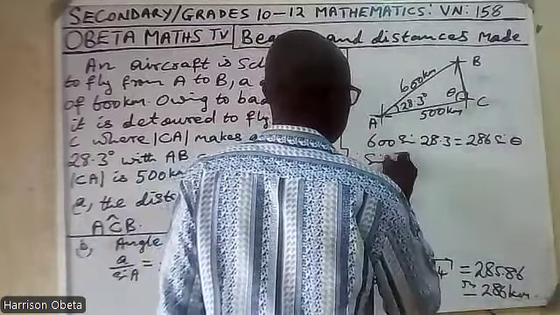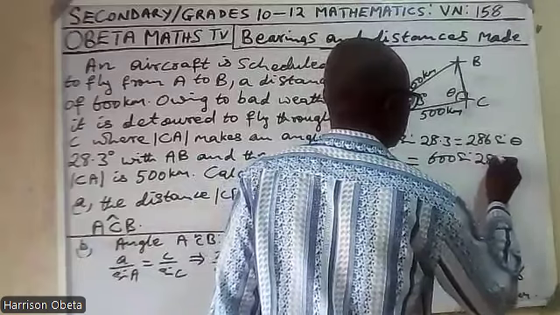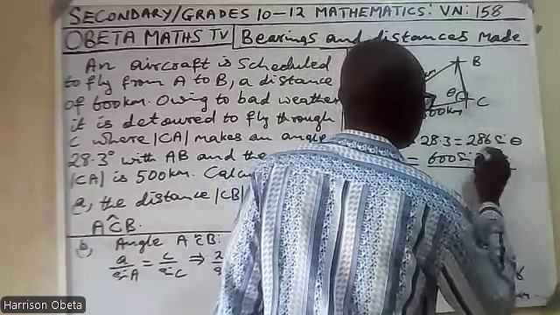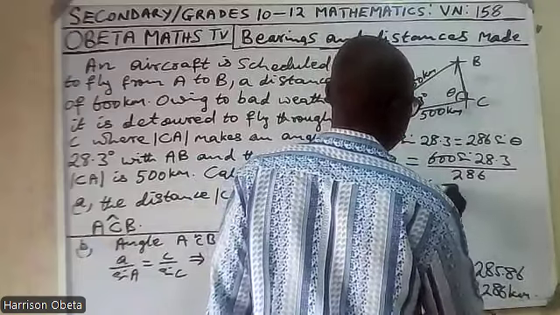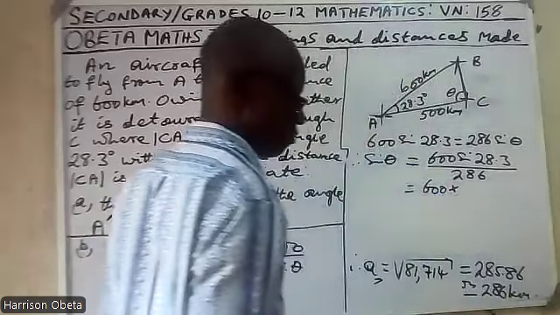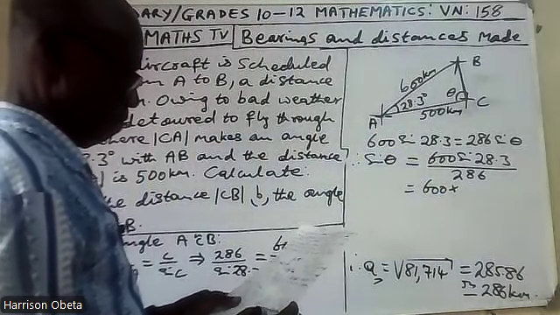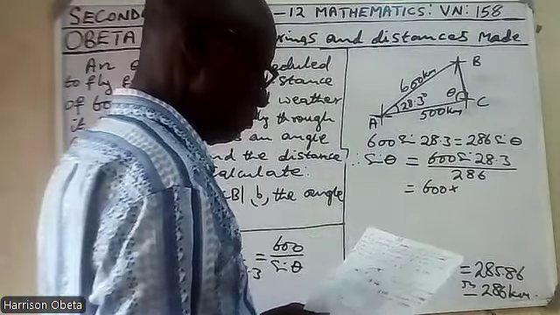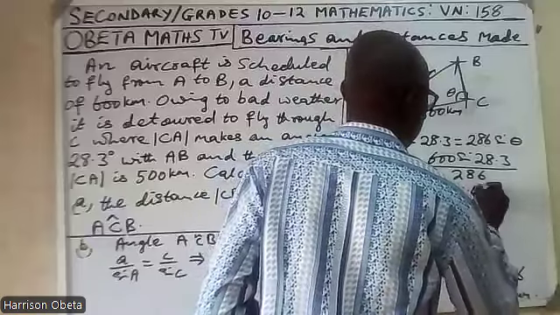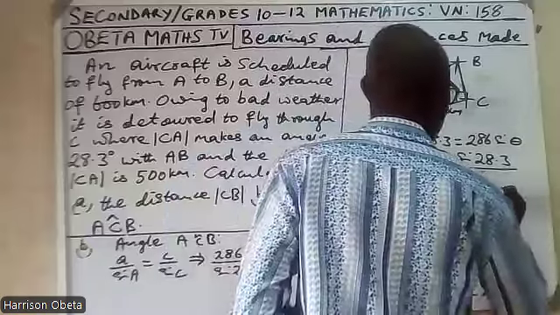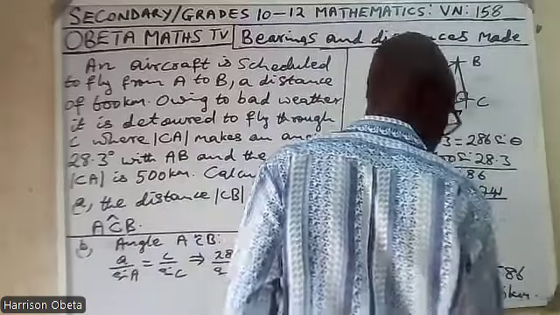Therefore, sine theta equal to 600 sine 28.3 all over 286. That will give us 600 multiplied by, we check, sine 28.3 is 0.4741, all over 286.